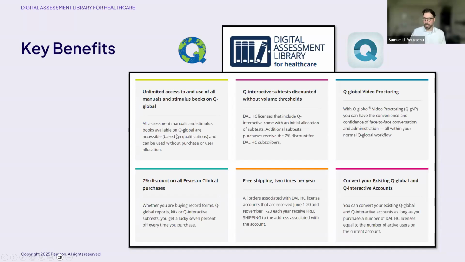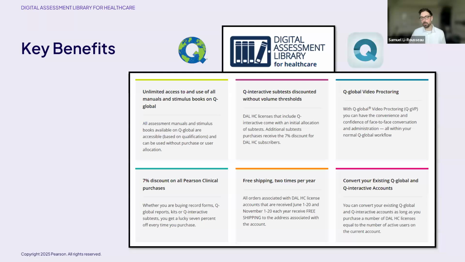Now, in addition to that, you will also receive a 7% discount on all Pearson clinical purchases. Now, the way that this was described to me is that the discount would be added at the subtotal level of your order.